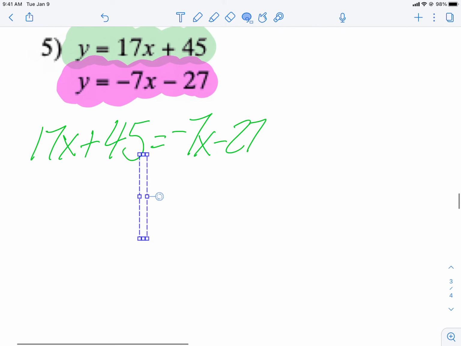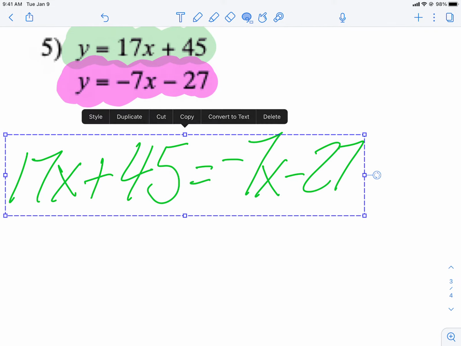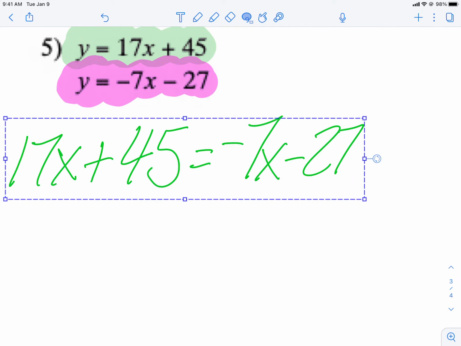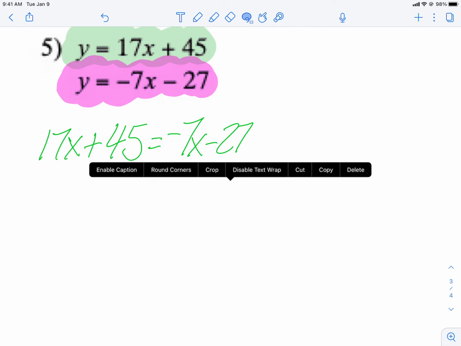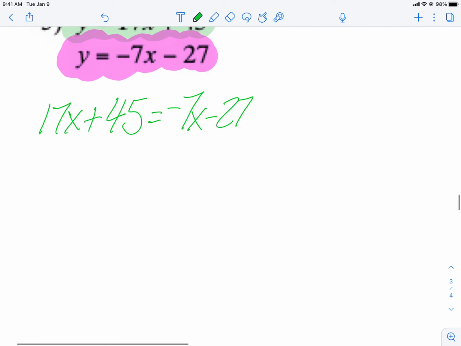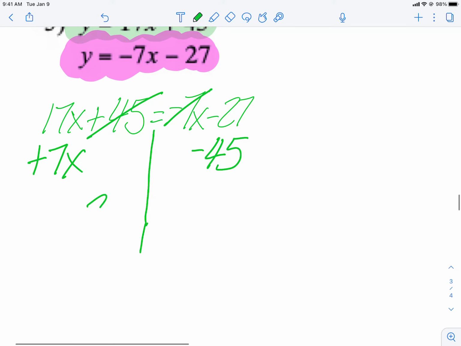So I am going to draw my line of separation. I'm going to bring this minus 7x over as plus 7x, and I'm going to bring this 45 over as negative 45, just like that. 17x and 7x is 24x.